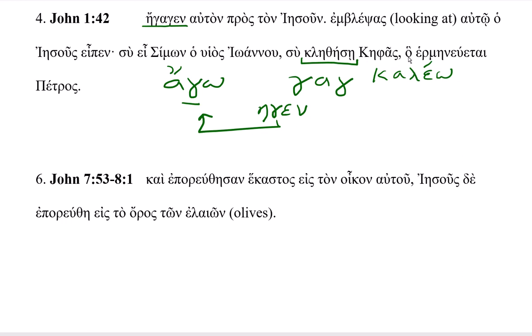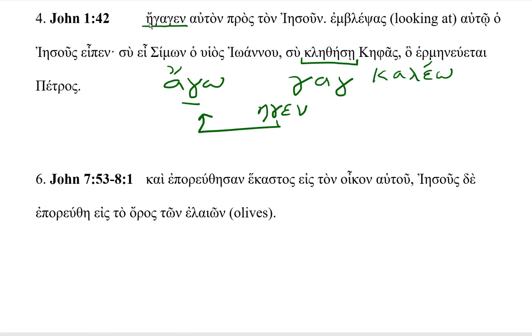Ho is a relative pronoun. Hermeneuetai, and this comes from the verb hermeneuo, which is where we get the word hermeneutics, and it is a middle passive of that verb, which is translated, which is interpreted, present middle passive indicative, and it's third singular, so which is translated Petros, Peter.